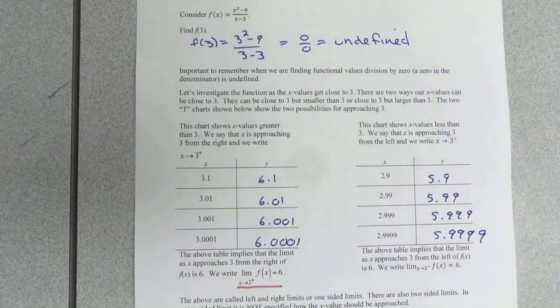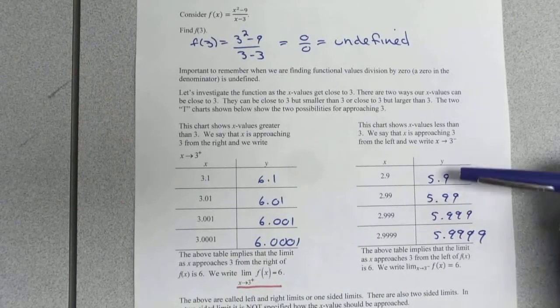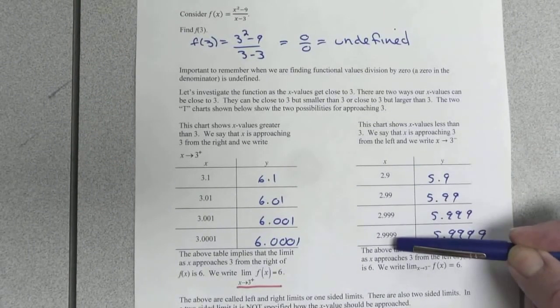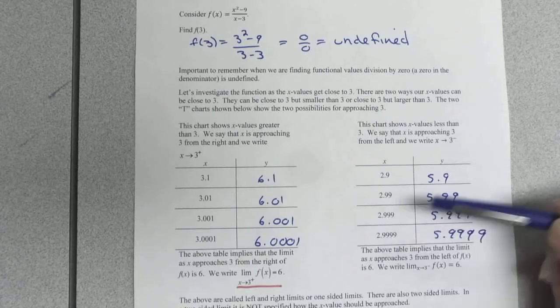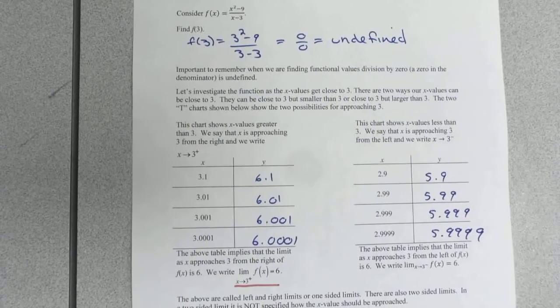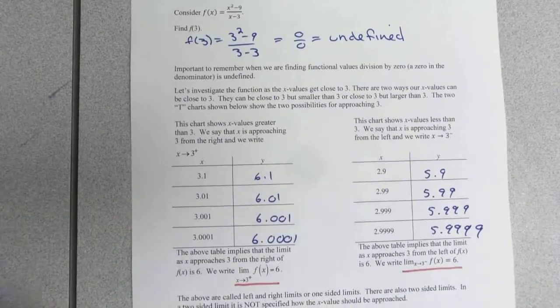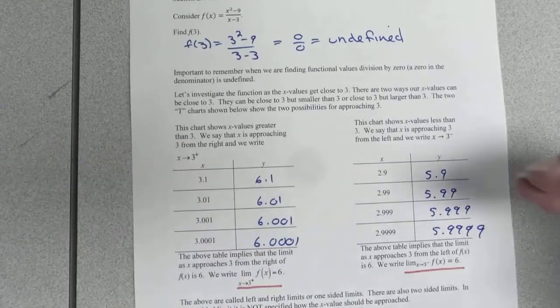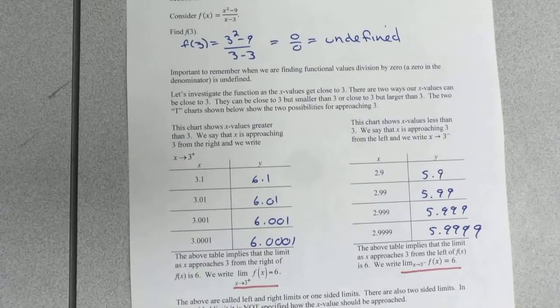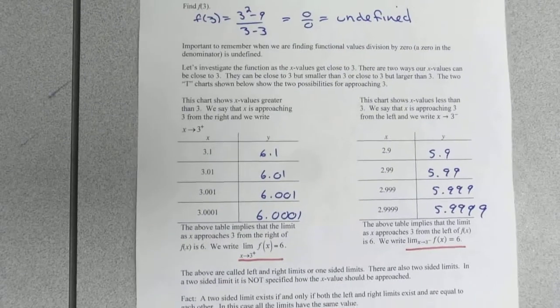That's all just coincidence. What we do want to observe is that as we got closer and closer to 3, but on the left this time, we still got closer and closer to 6. And so we say here that this chart implies the limit as x goes to 3 from the left of f of x equals 6. The right limit, the left limit. And in this particular case, they both happen to be 6.